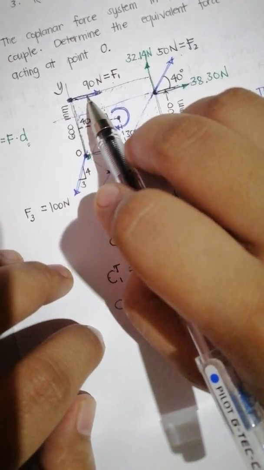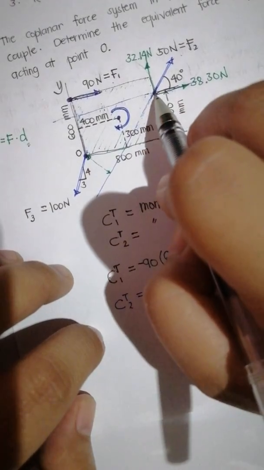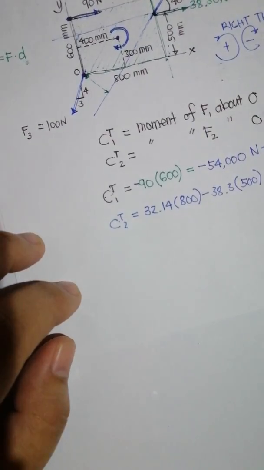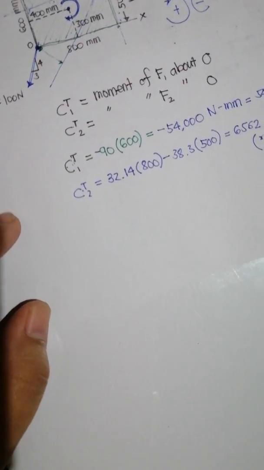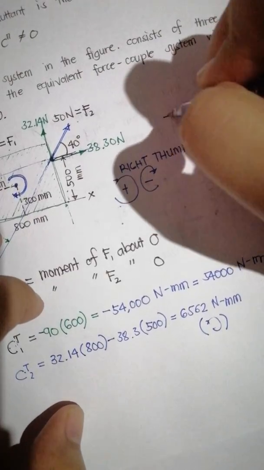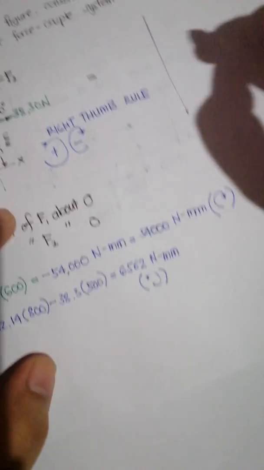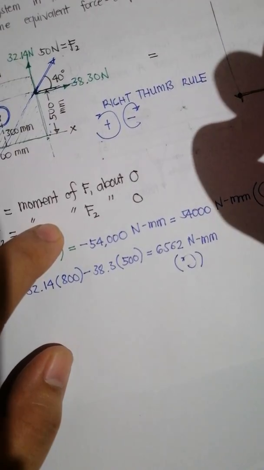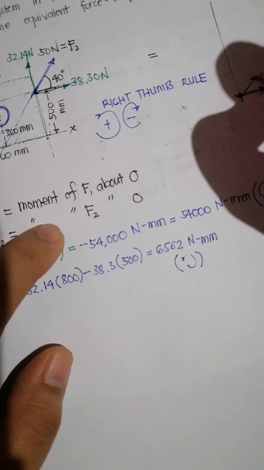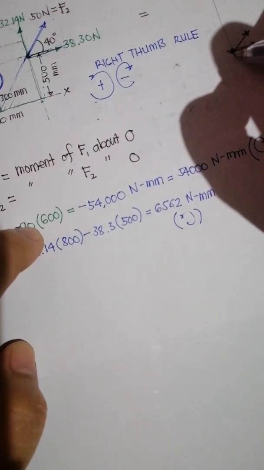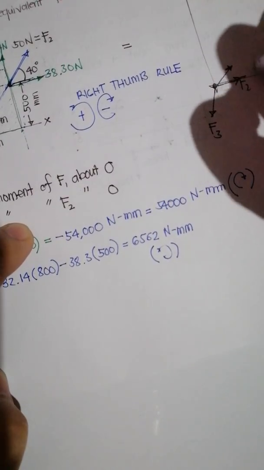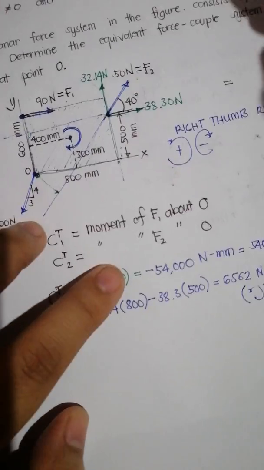Na-transfer na natin yung 90 dito at 50 Newton load dito, producing two couple of transfers. Now, andito na lahat. Kumbaga, ang nangyari, we already have all of the forces here, yung 90 Newton, tsaka yung 50, tsaka yung, so ito yung F3, ito yung F2, ito yung F1. Okay?